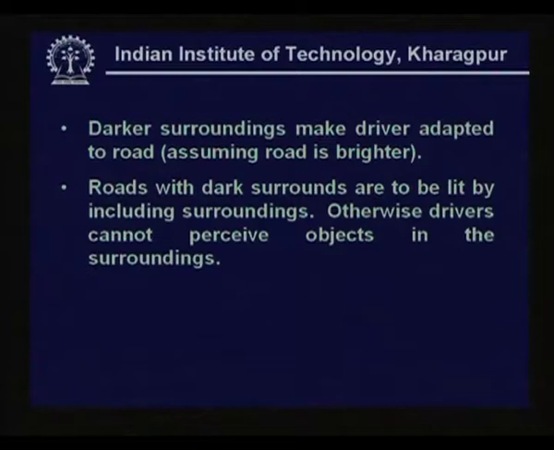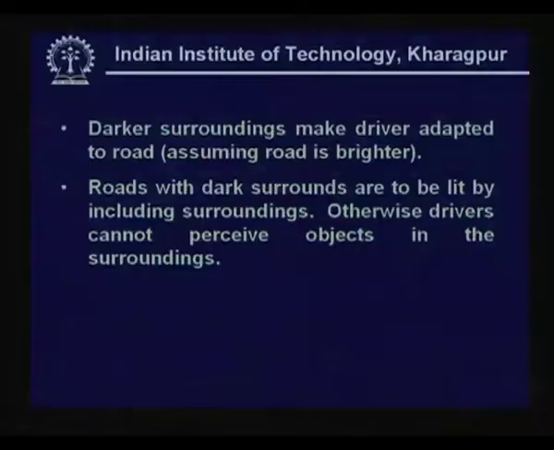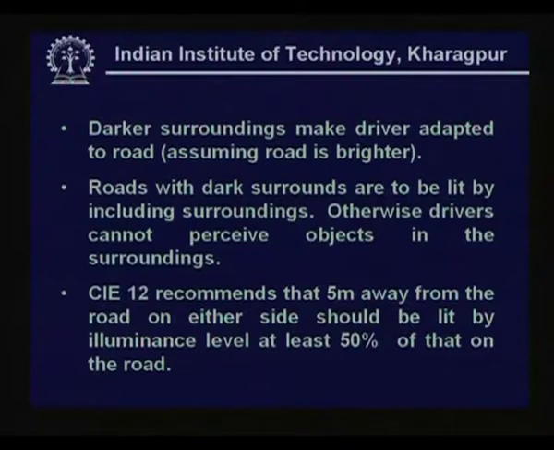Roads with dark surroundings are sometimes to be lit to include the surroundings, because this could be the situation typically in a highway which is passing through uninhabited area, and it is necessary, especially at night time, if there is any wild animal in the surrounding. So, there is some amount of surrounding lighting included as part of the road or street lighting.